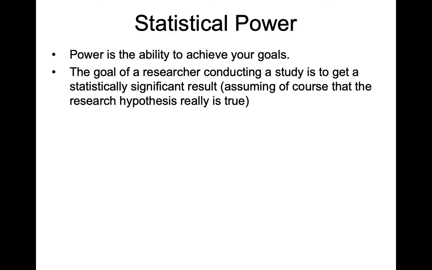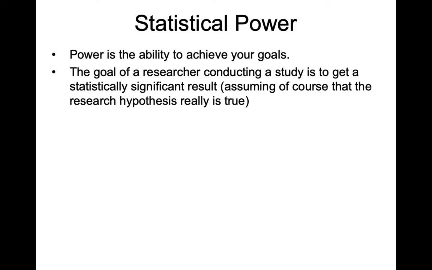If they think that they've got a successful drug or a successful therapy, and they do a study, they want to have the ability to get a statistically significant result, reject the null hypothesis, and therefore support the research hypothesis.